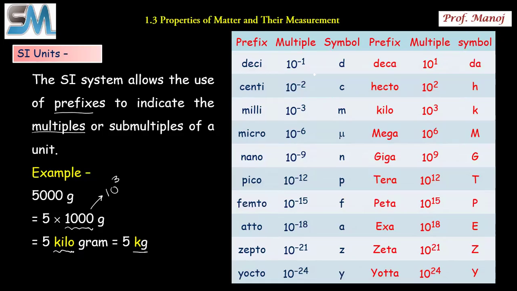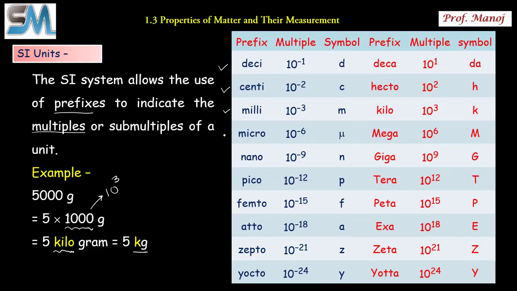See the left hand side column of the table, which has negative powers of 10. So 10 raised to minus 1 is deci, 10 raised to minus 2 is centi, 10 raised to minus 3 milli. Now observe the table values here. After milli, the powers of 10 leap by 10 raised to minus 3.